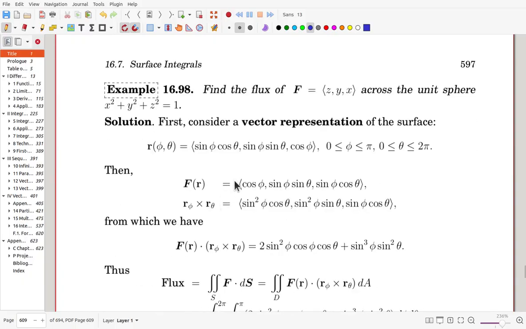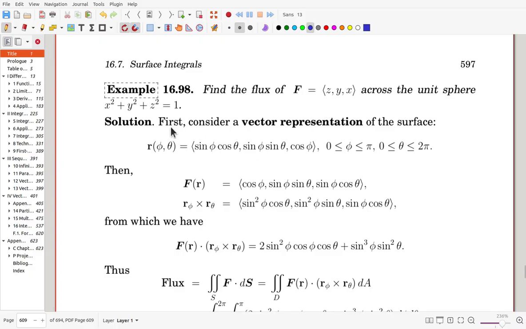Now we'll see this problem. It's using spherical coordinates, so it takes a little bit of time, so I pre-calculated the results. Find the flux of F. The vector field is z, y, x across the unit sphere.